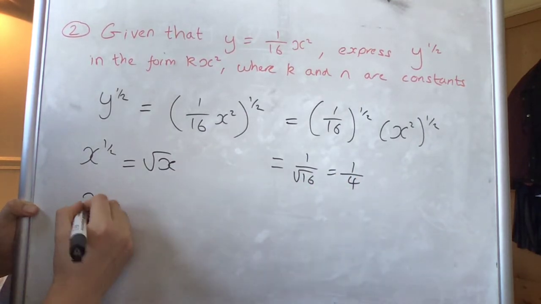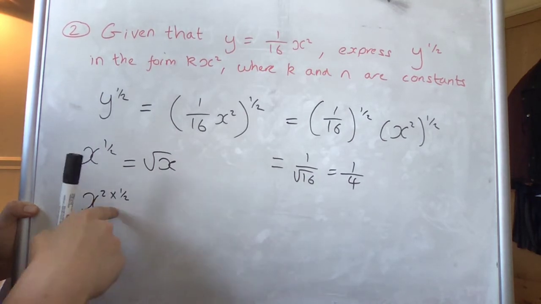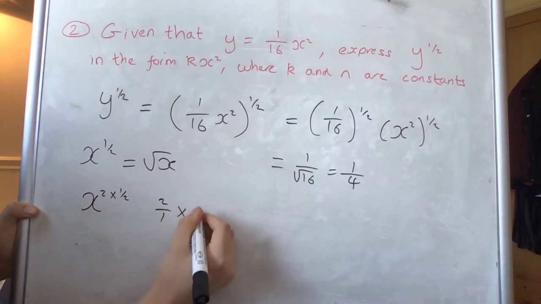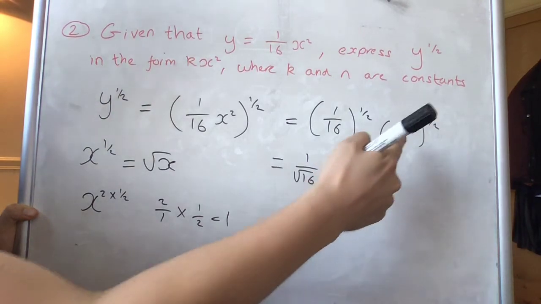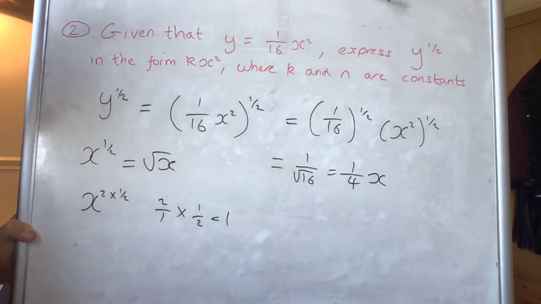So that's the same as taking x squared times half, and 2 times half is the same as saying 2 over 1 times 1 over 2, and that is equal to 1. So x squared to the power of a half is simply x, and that gives us our final answer.